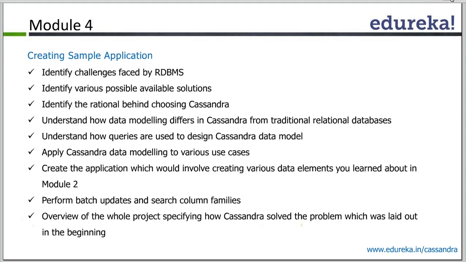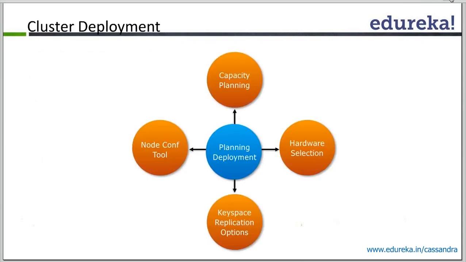Okay, so let's go forward. We touched upon cluster deployment. When you plan a deployment, you surely need to understand what capacity you are looking at. What is the amount of application data that you want to support, what kind of hardware you want to use, and what is the number of nodes that you need for your cluster.